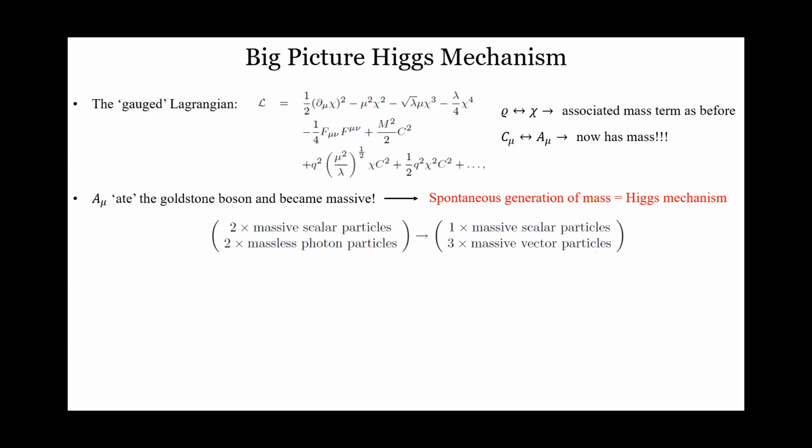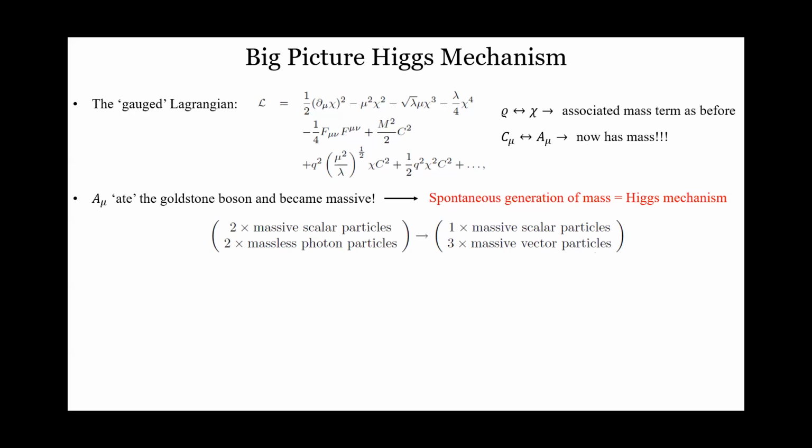So you might wonder whether maybe we have lost some degrees of freedom. So let's see. Before we had two massive scalar particles, phi and psi, and we also had two degrees from the gauge field. Right, the A mu was the photon, and the photon had 2 degrees of freedom. So we had two massless photon particles. There are no massive ones associated.